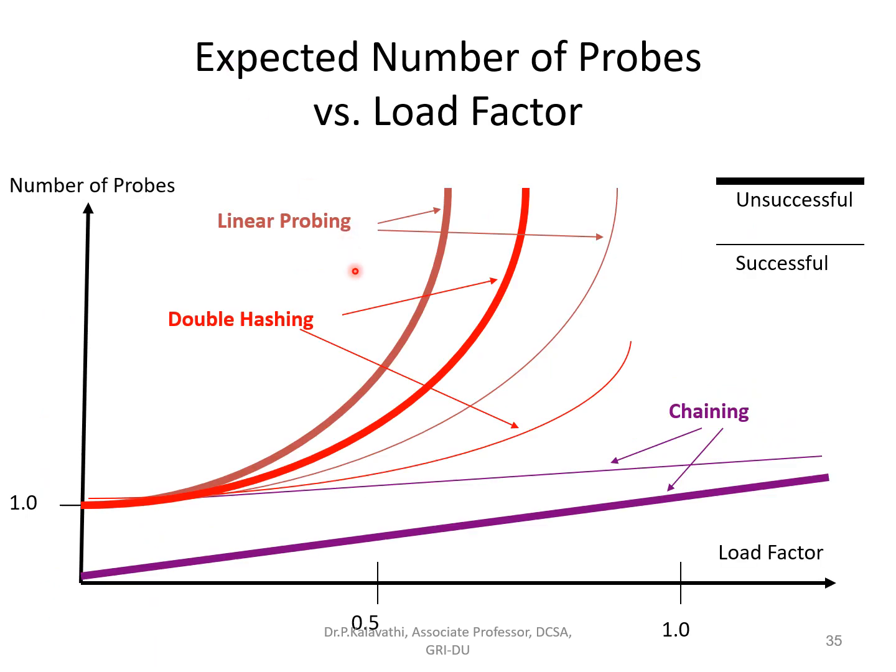This graph depicts the expected number of probes for the given load factor for the various techniques, that is, linear probing, double hashing, and chaining. Here, the successful and unsuccessful searches are also denoted. Unsuccessful is depicted with a thicker line and successful with a thin line.